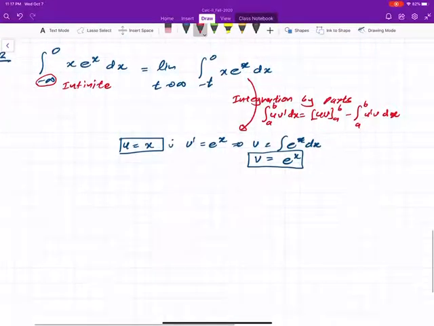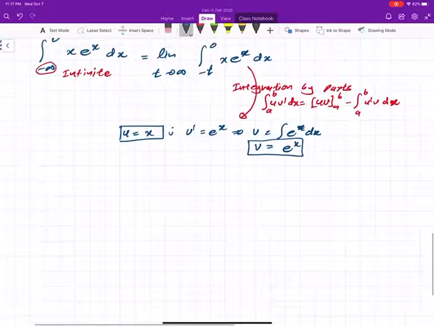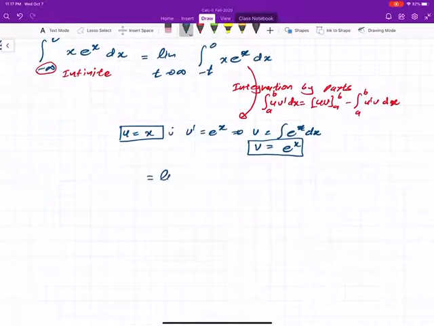Now we're going to rewrite the problem. Problem is limit t goes to infinity, with limits minus t to 0.